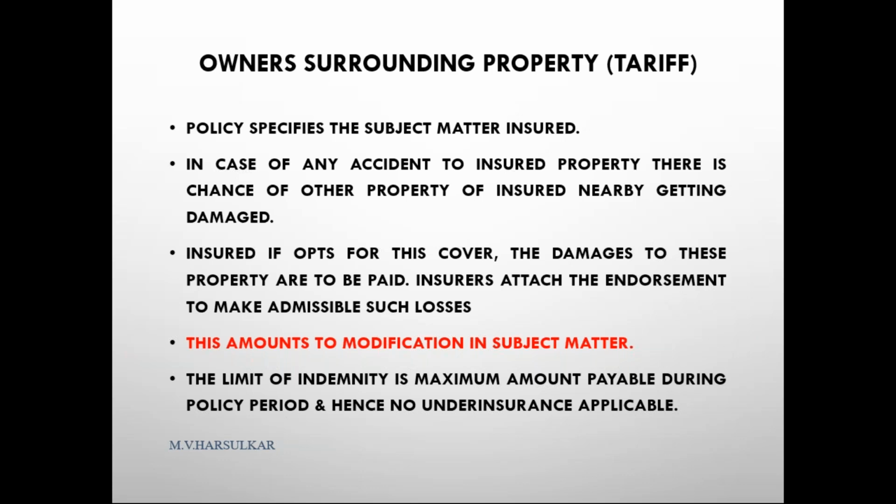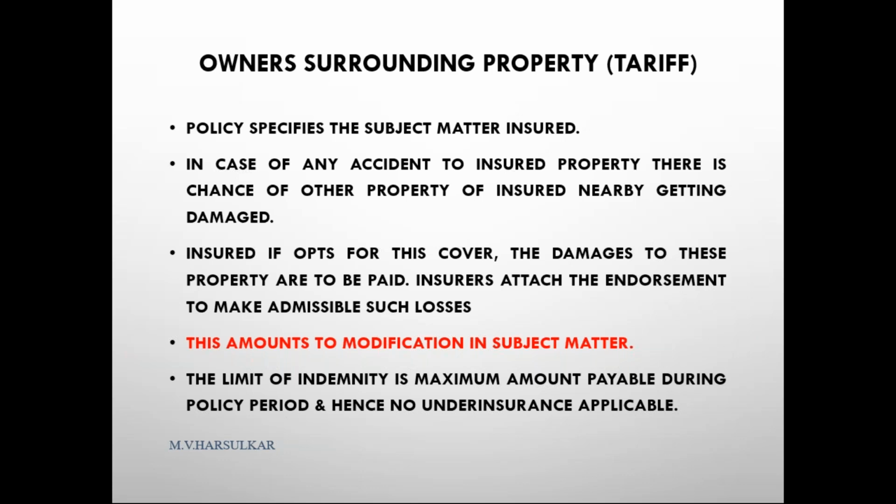Now, if there is damage to the subject matter, your insured property, it can cause damage to other properties nearby also. So if the insured wants to cover those damages, this endorsement is there. Only thing is that it should be owned by the insured, or it should be in their custody or like that.